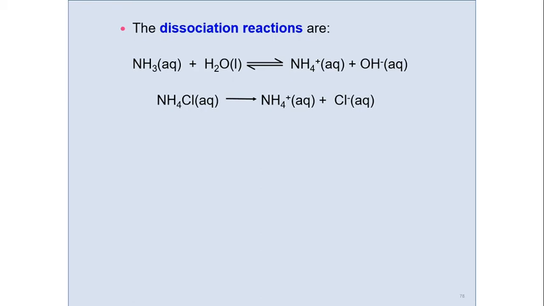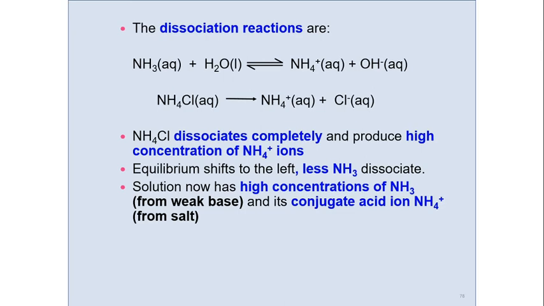So the second equation will produce a high concentration of NH4+ ions. So this high concentration of NH4+ ions from the second equation will shift the equilibrium position of the first equation to the left, which makes the NH3 less dissociate.